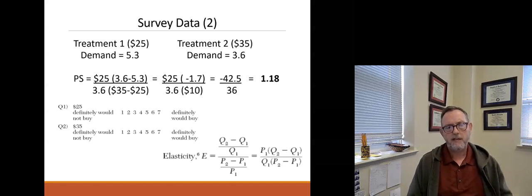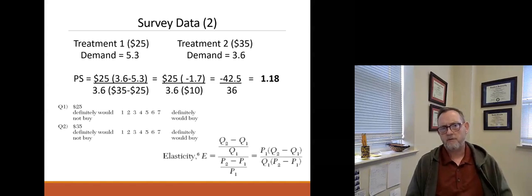Again, there's a lot going on this page. What's repeated on this page is the questions we asked, and what's repeated on this page is a calculation for elasticity. Now, there's a couple different calculations. It's really the percent change in demand divided by the percent change in price. Again, what you see here is another calculation for price sensitivity.